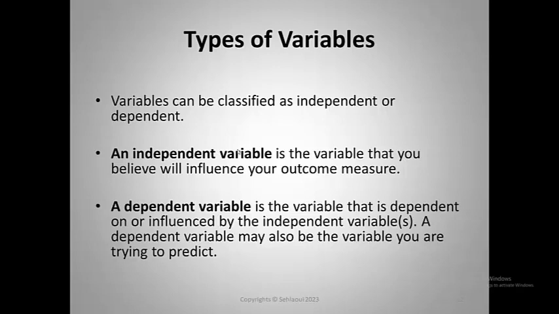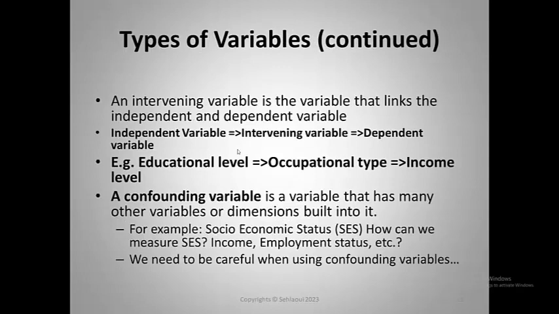A dependent variable may also be the variable that you are trying to predict. Okay? So these are your major types of variables that we deal with in education. An intervening variable is the variable that links the independent and dependent variable.